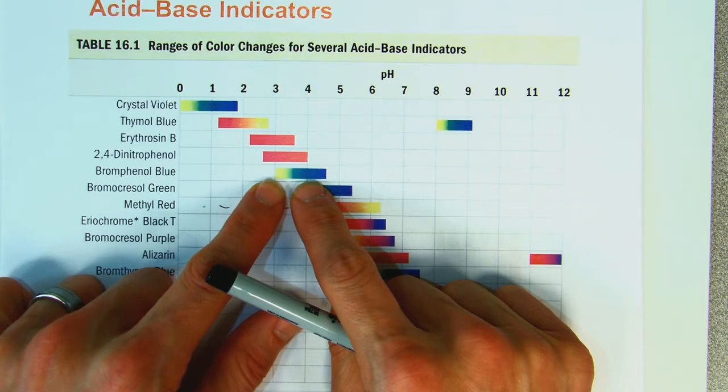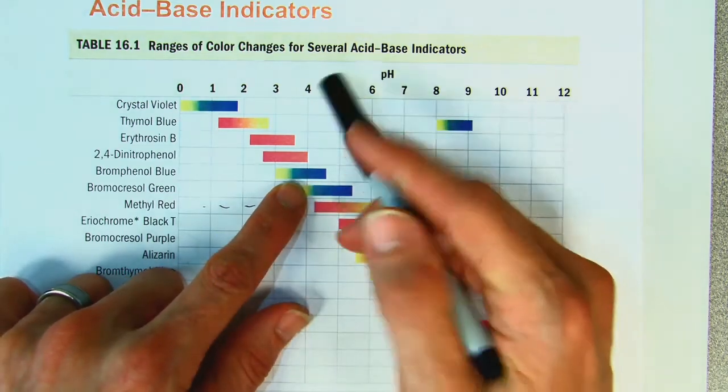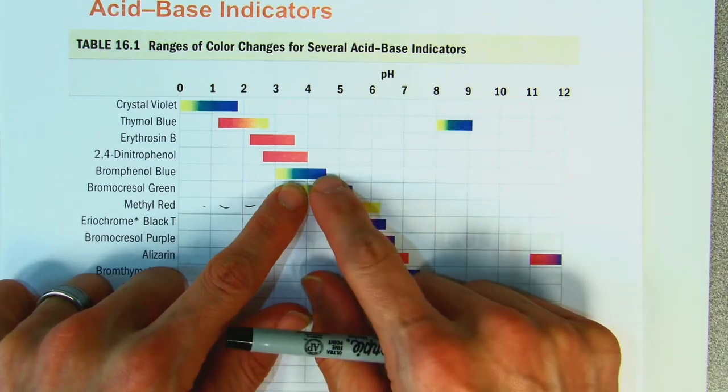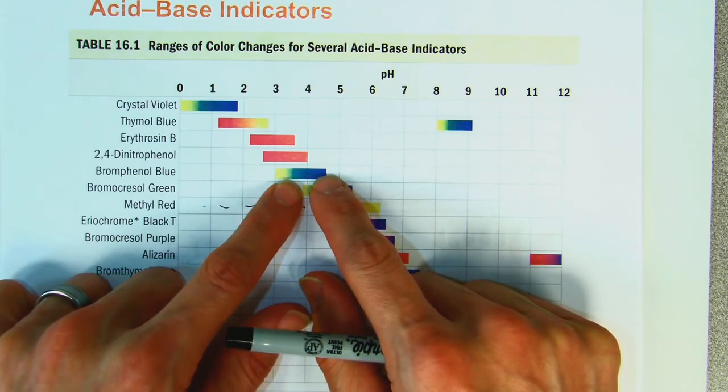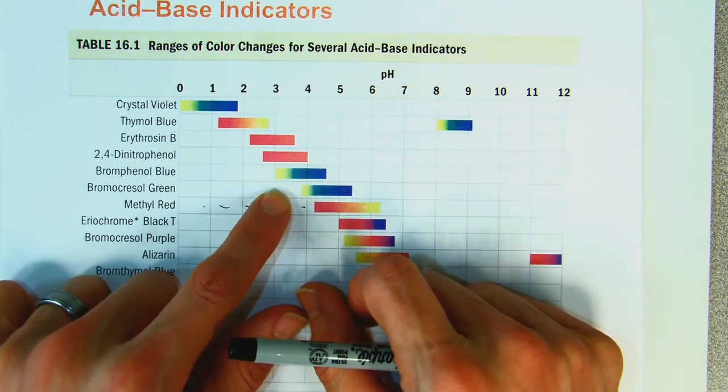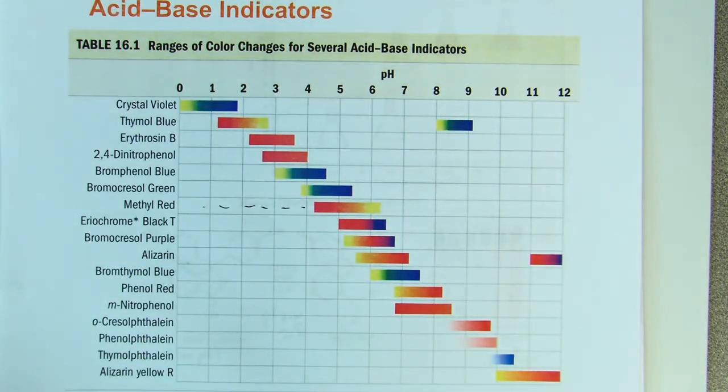Now what if I'm at a pH, let's say 3.6, 3.7. I'm somewhere right in between, aren't I? In that case, you get a blend of the colors, blue and yellow. So it might be a green color. So you have to use your artistic interpretation at that point. But that's one of the major skills that we want you to get from this chart. Just be able to predict what color a particular dye would be in a solution at a particular pH.